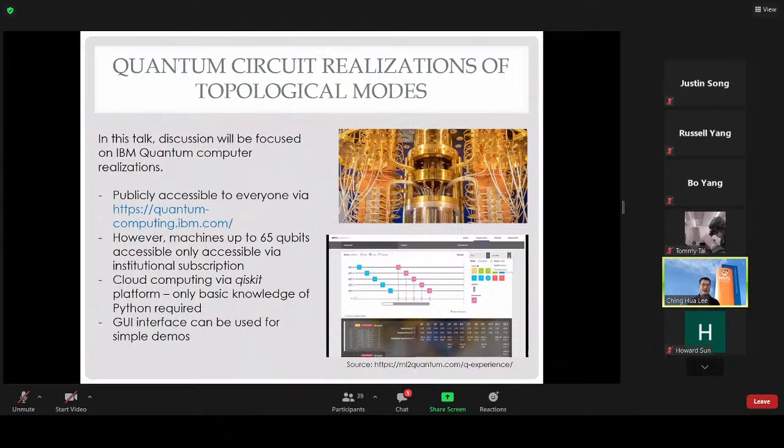One caveat is that the machines that have higher fidelity and more qubits are only accessible by institutional subscription. Those of you from NUS will surely have this subscription, and whoever collaborates with an institute with a subscription will probably have it. My feeling is that everyone here probably has access already.